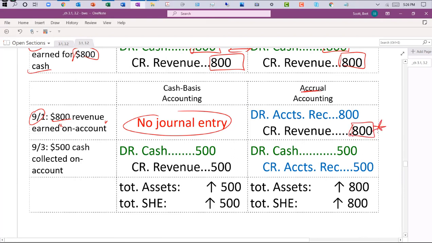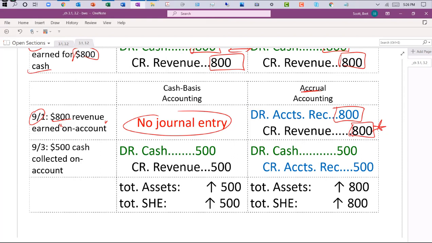That's the driver. It's the revenue, it's the expense. That determines whether or not I need to record something. Whether or not I got cash or have to record a receivable is kind of irrelevant. In this case, I didn't get cash, so it must be a receivable. But the most important thing to realize is the reason why we have to record something is because revenue was earned. So we will record revenue.